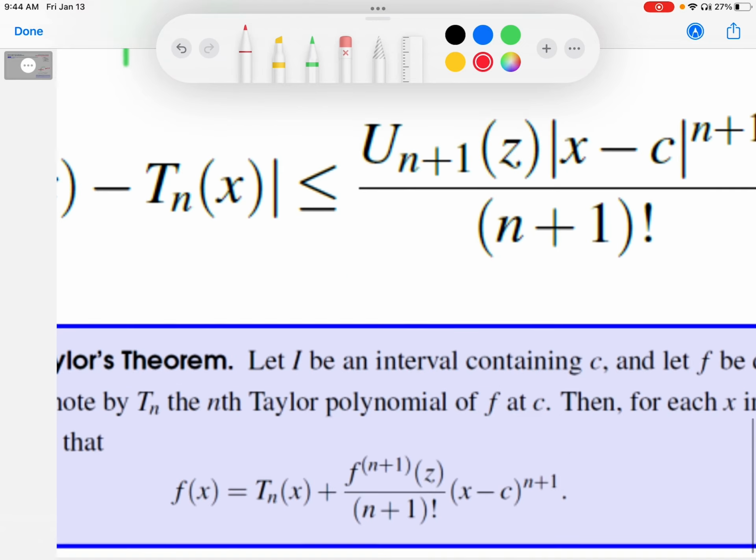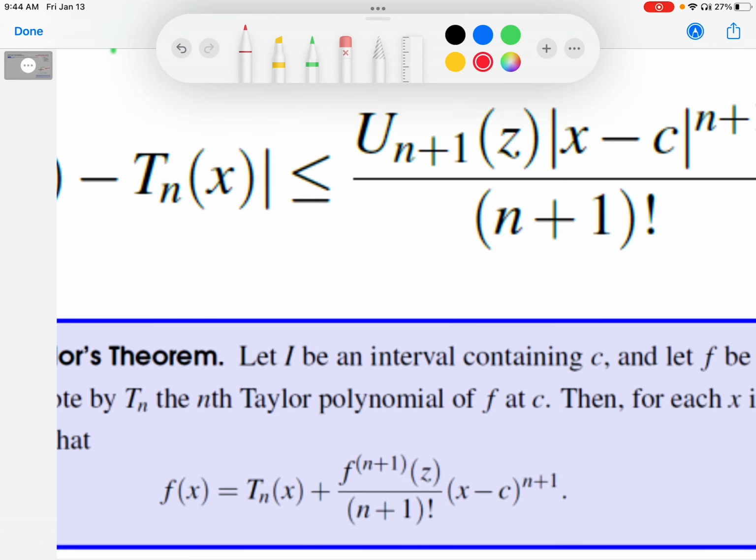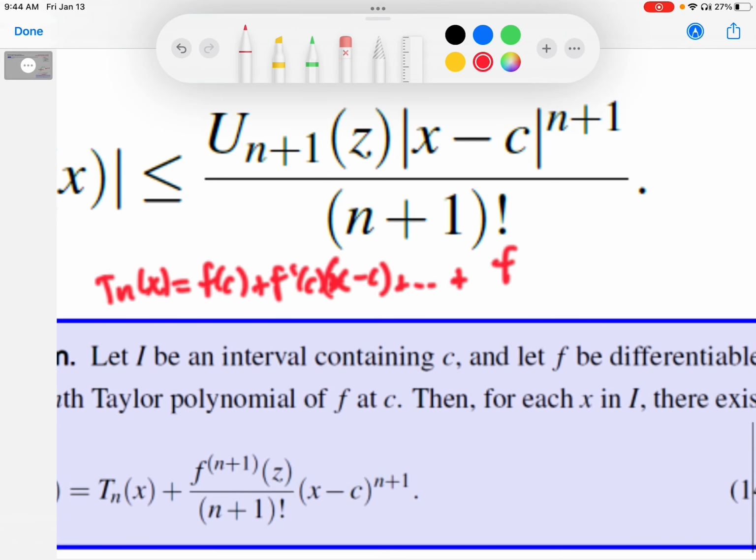Two things to say about this term. If you remember the Taylor polynomial, T sub n of x, it's f of c plus f prime of c times x minus c plus all the way, the last term in the Taylor polynomial is the nth derivative evaluated at c over n factorial times x minus c to the n.